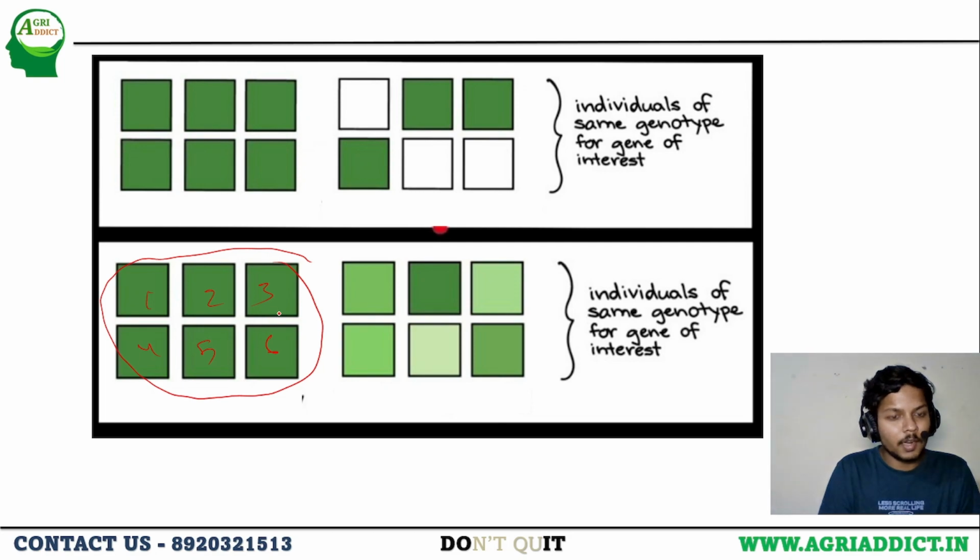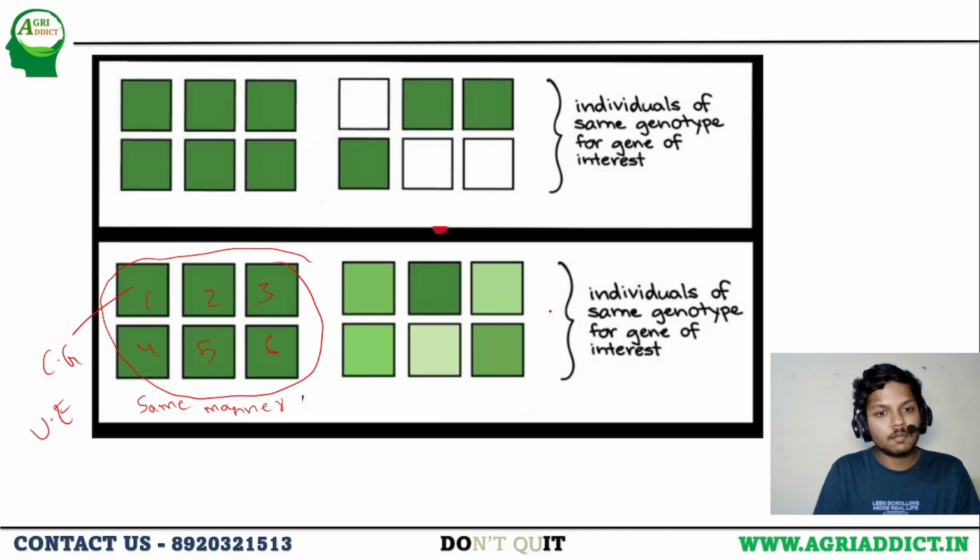In these 6 plants, the expression of the character is the same. All are expressing complete green color. So we call this uniform expressivity, means the gene or the character is expressed in all individuals in the same manner.